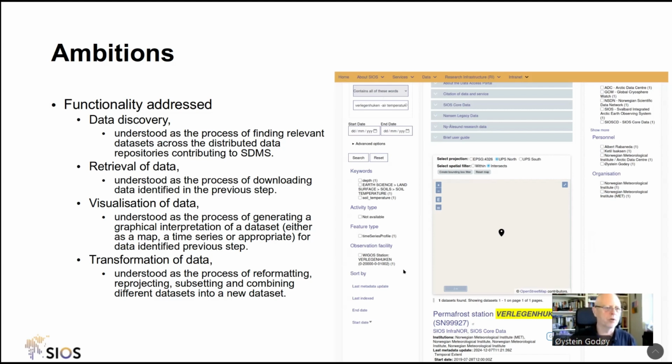But more important, and this is a functionality that is less evident for people, you say that you want to have these three words present in the data. And you saw that I found two data sets the last time. But if I now put a minus before air, then I say that Verlegenhuken and temperature should be present, but air should not be present in there.